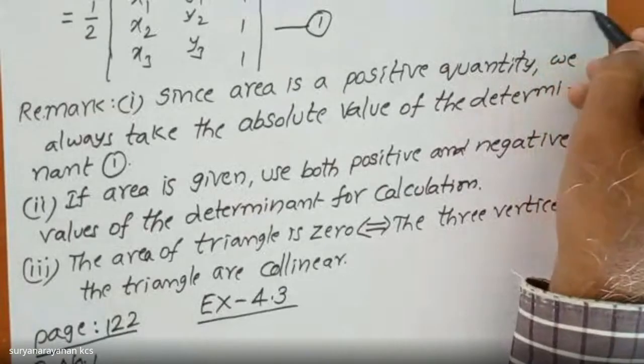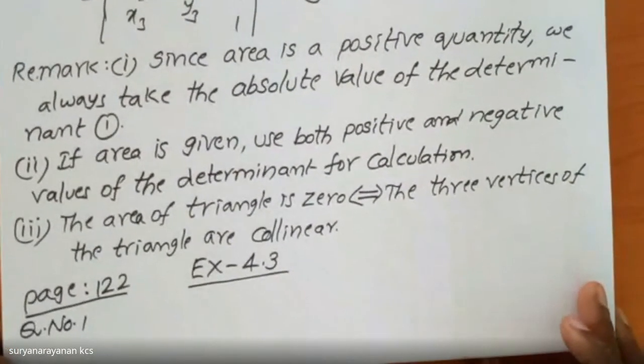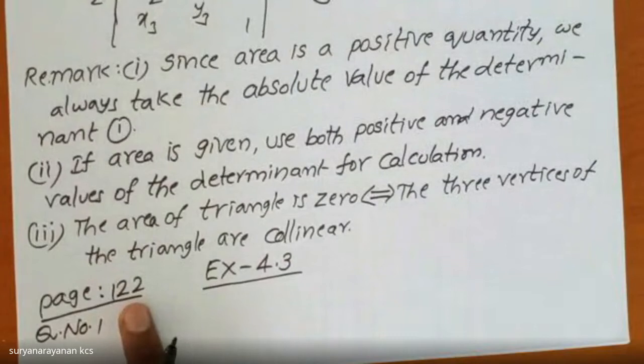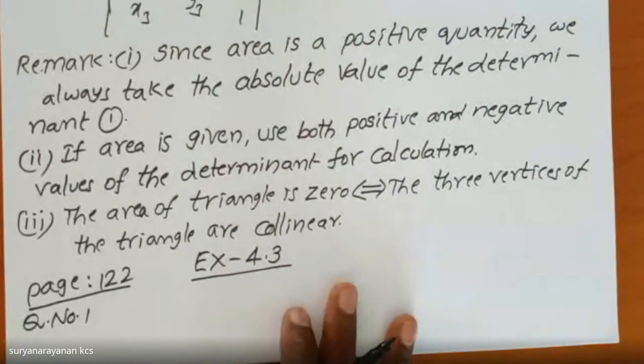On page number 122, see exercise 4.3, very down. Find the area of the triangle with the vertices at the points given in each of the following. Here I will explain one question. Will you try the remaining questions?